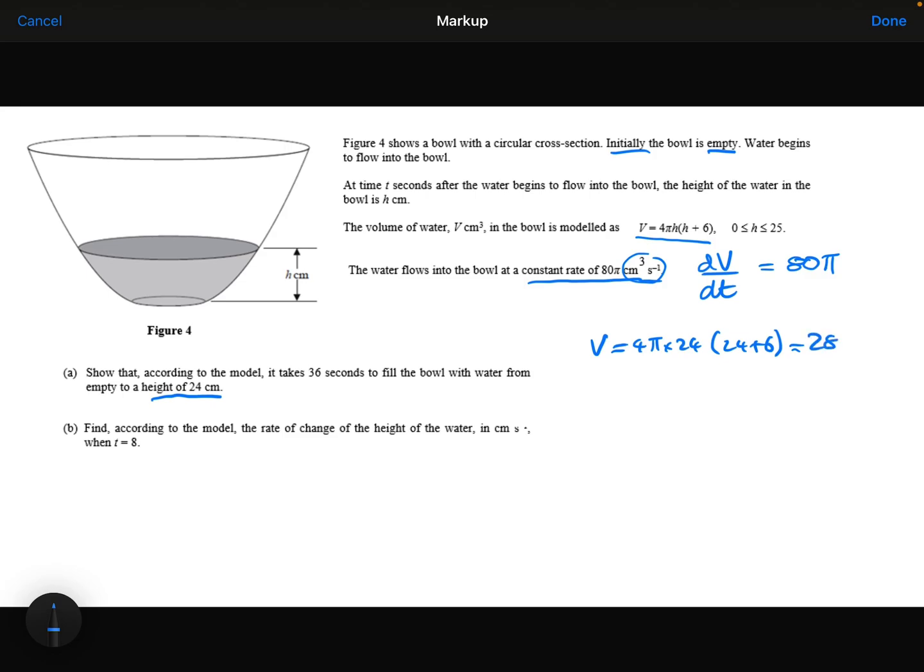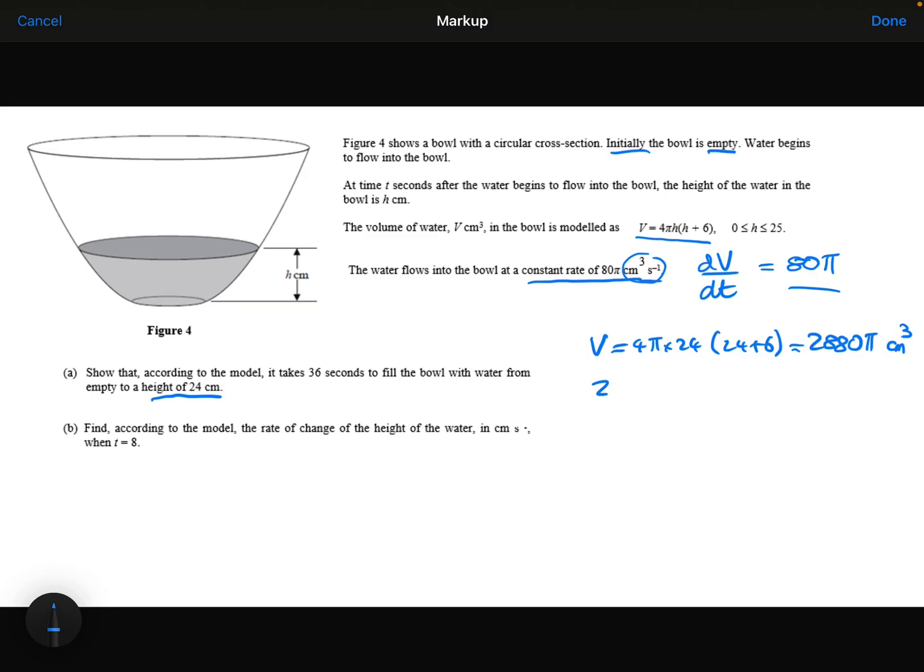which is 2,880 pi centimetres cubed. So that's the volume of water when the bowl is filled to a height of 24 centimetres. And we know that the water is flowing in at a constant rate of 80 pi centimetres cubed per second.